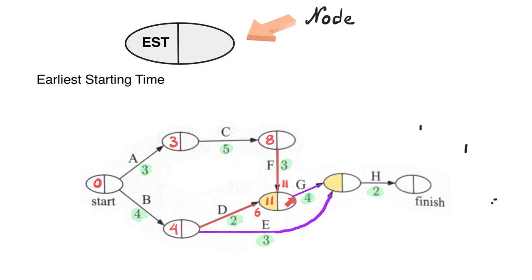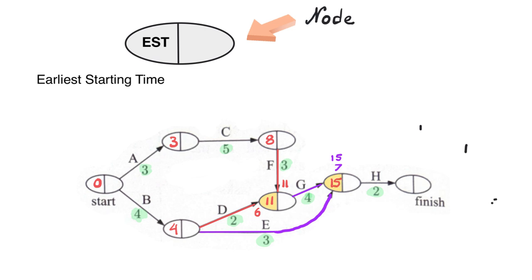If we complete task G first, then our value will be 11 plus 4, which is going to be 15. And I'll note that down. If we complete task E, then our value will be 4 plus 3, which is 7. And so the largest value is 15.